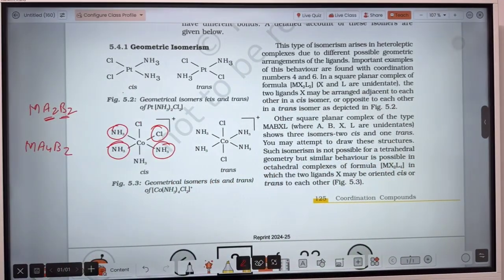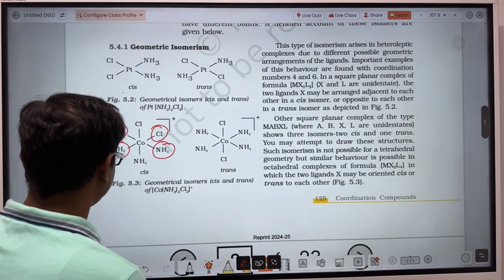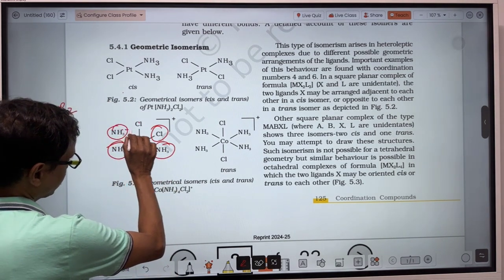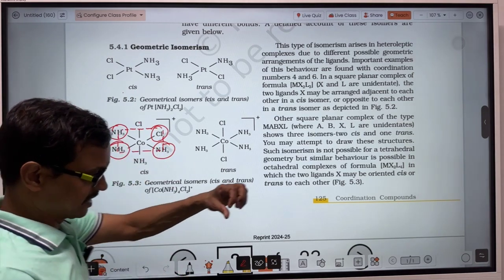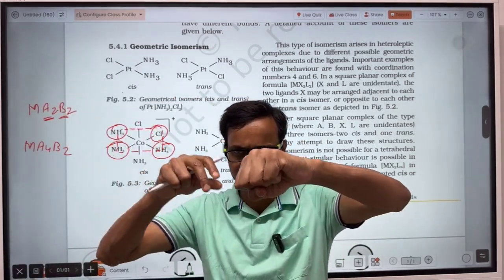If same, then trans, and if different, then cis. Like in this molecule, this ammonia, this chlorine, this ammonia are on the same plane. That is here, cobalt here, here.